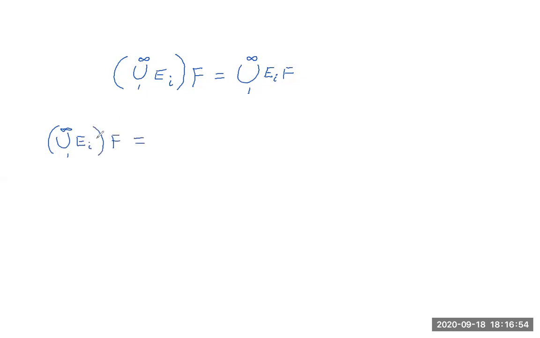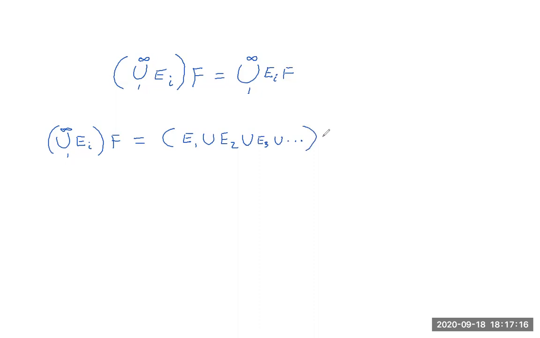So let's expand this out. Meaning we're going to take the first event E_1 with the union of the second event E_2 with the union of the third event E_3, and so on.